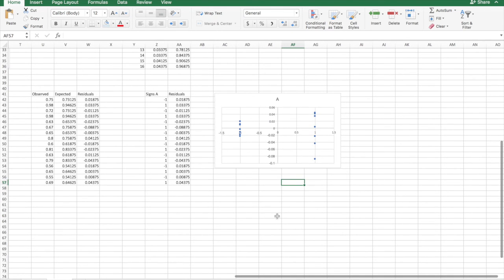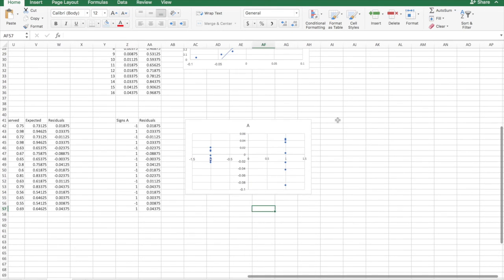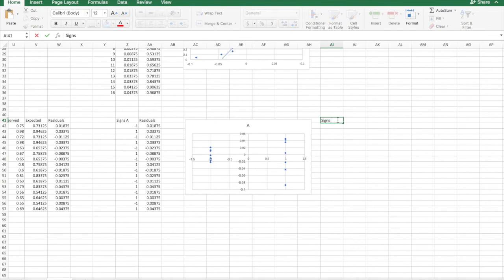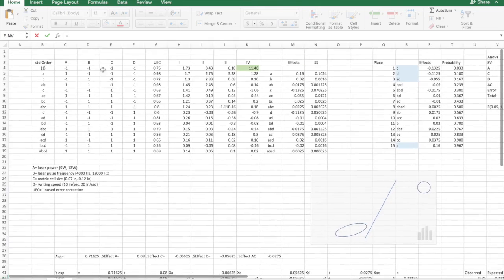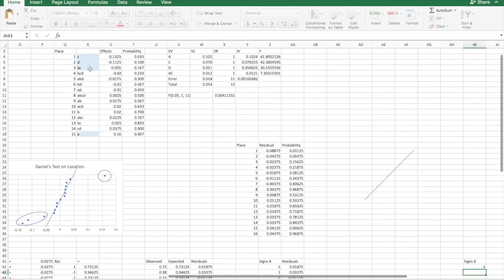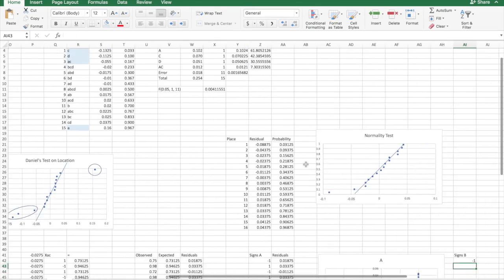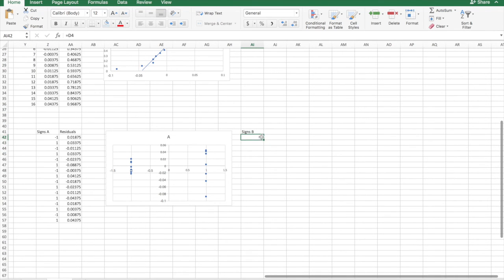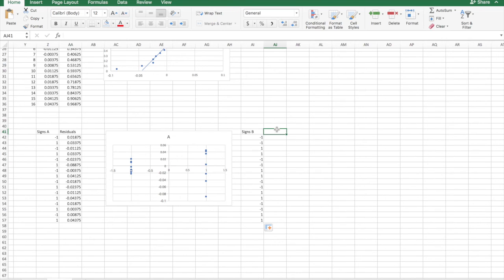And we continue this with every factor. Signs of B, then residuals, and then the graph.